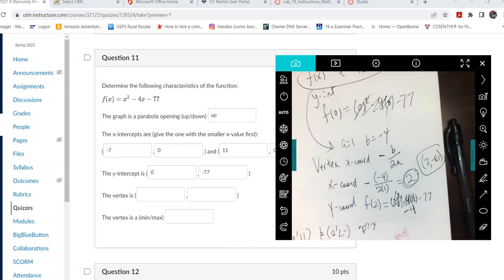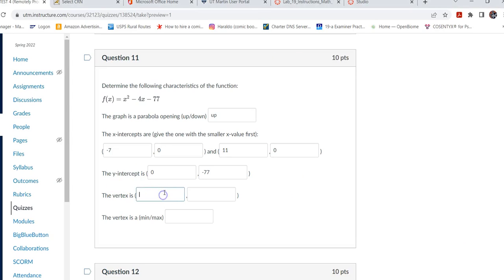So that's what I think it is. And the vertex is going to be a minimum. I'm just going to write them in.